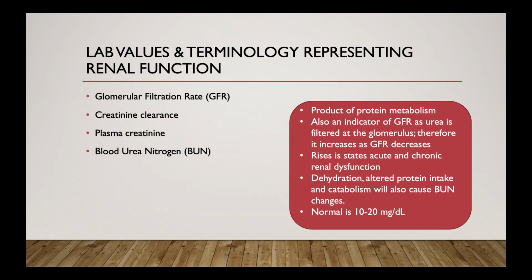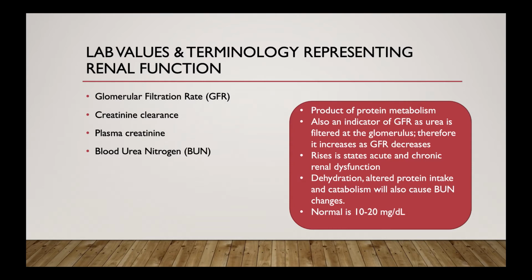Blood urea nitrogen. The urea nitrogen is a product of protein metabolism, and this is another way that we can measure GFR, as it's also filtered by the glomerulus. It rises in certain states, whether they're acute or chronic, to indicate renal dysfunction.